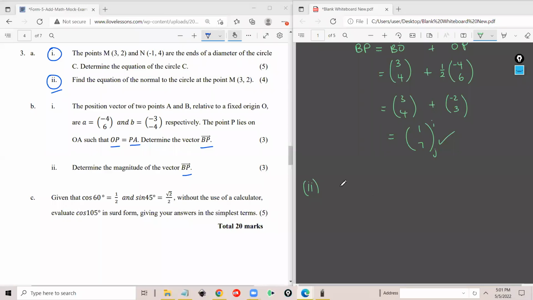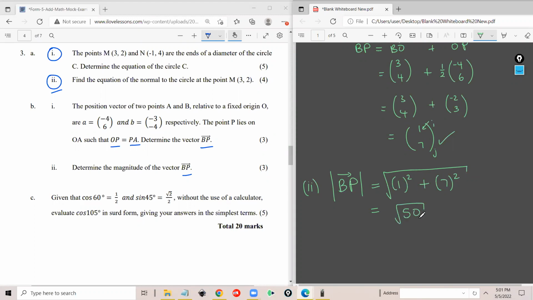The symbol for magnitude is BP, right? And you put two lines like this. Now, to find the magnitude of the vector, you have to take the I value and square it, plus the J value squared. And whatever you get, you square root it. So you'll get 1 plus 49, which is 50.